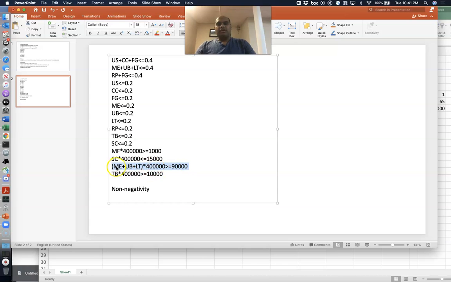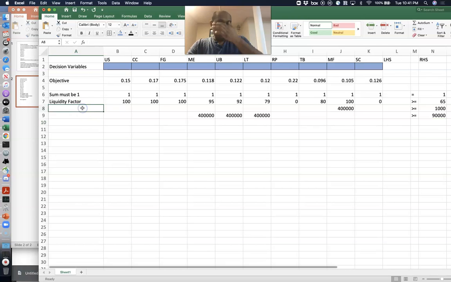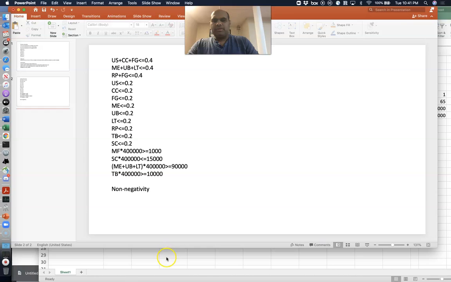So 400,000 times the three debt instruments has to be at least 90,000.